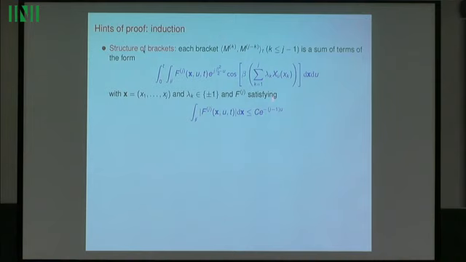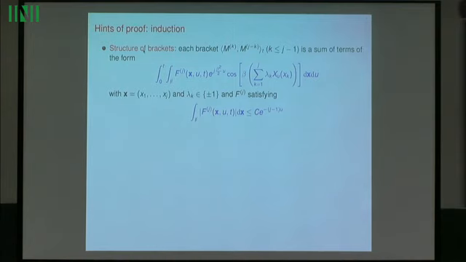Here you have a sum of lambda k, which stands, if you want, for the charges of your particles located at xk. So the lambda k takes the value plus or minus 1, and here you have a function. Let's call it fj, and the estimate you want to prove is that this fj satisfies this inequality here.